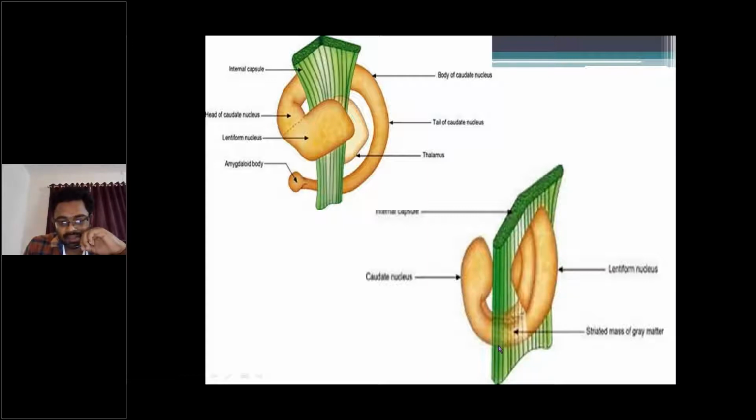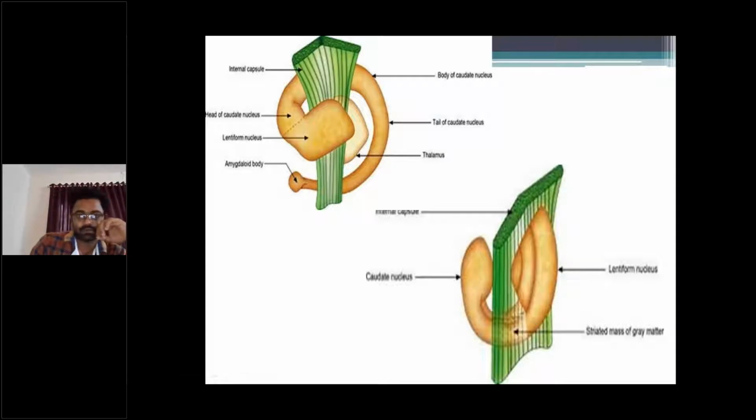Below the anterior limb of the internal capsule, the caudate nucleus and lentiform nucleus are connected by a mass of gray matter, which has a striated appearance. That's why it is called corpus striatum.